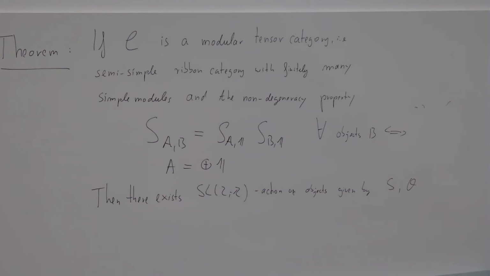In the proof of this theorem, could we really write down explicitly the action in terms of S and theta? Yes. There's this book, Modular Tensor Categories and Modular Functors by Kirillov and Bakalov. It's available for free on Kirillov's homepage.